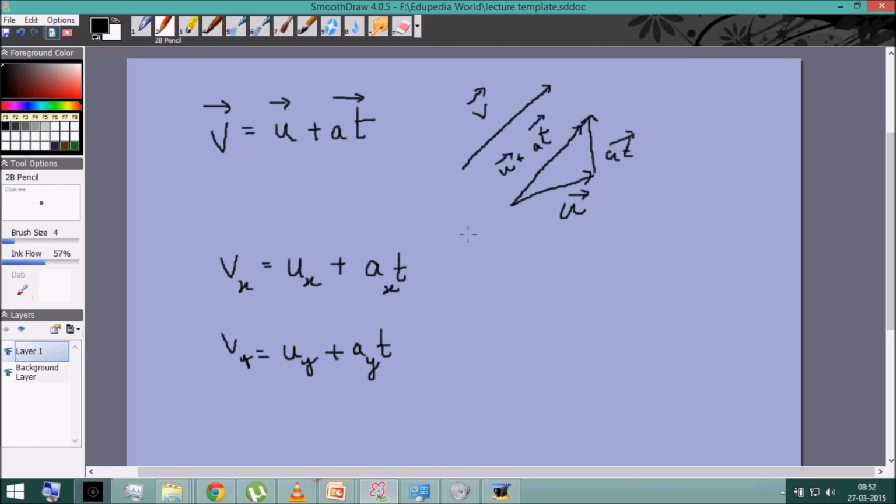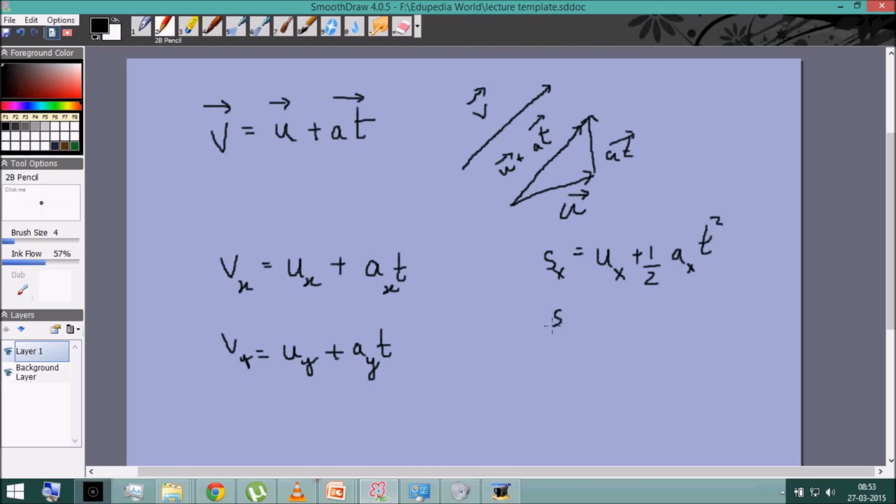So we can also write the equation vx is equal to ux plus the x component of at, which would simply be the x component of a multiplied by t. Similarly, we could write the same equation in the y direction. So it would be vy equals uy plus ay t.